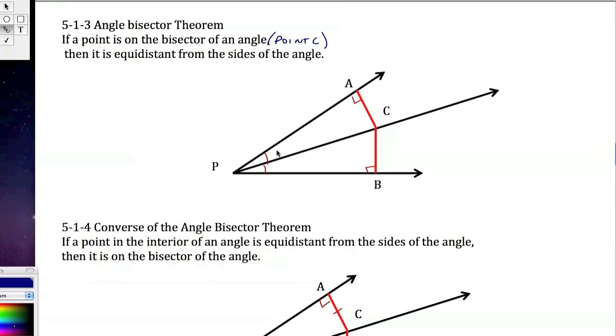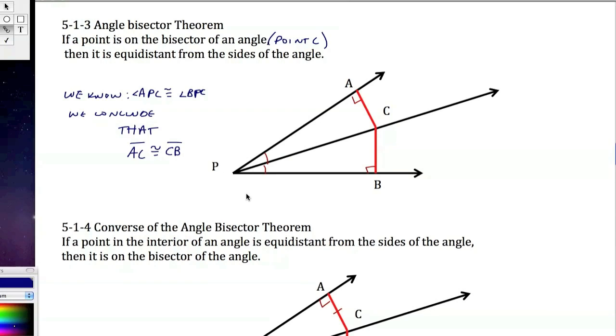So the conclusion that we can make when we know that angle APC is congruent to angle BPC, we can conclude that AC is congruent to CB.